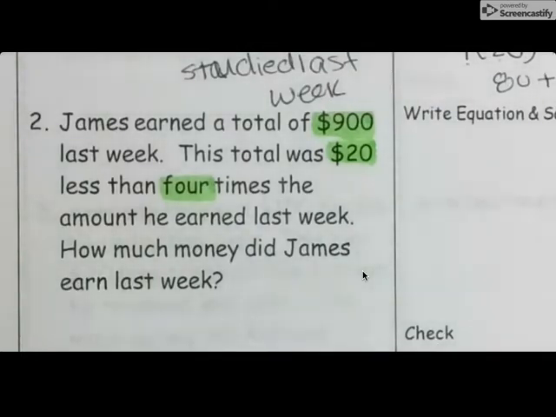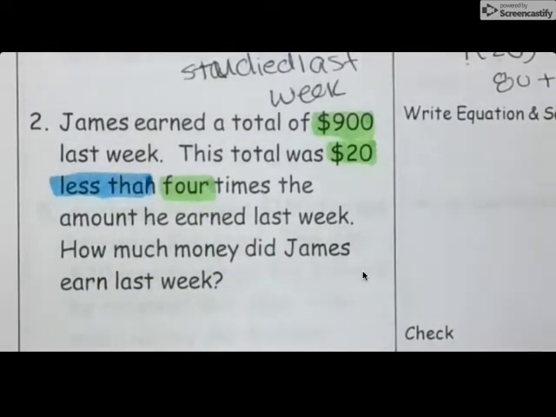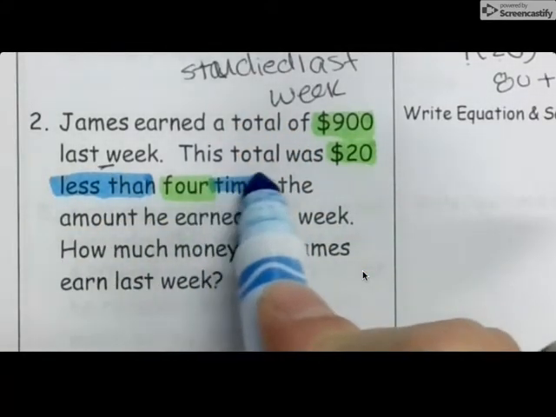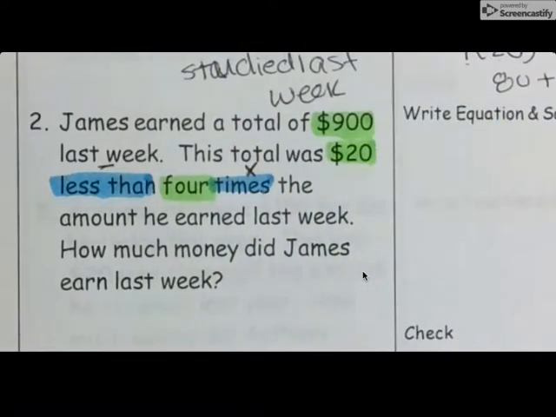Then, let's do our other part. Less than. What operation is less than? Minus. Times, we've already talked about. That means multiply. How much money? So we're looking at the amount he earned.